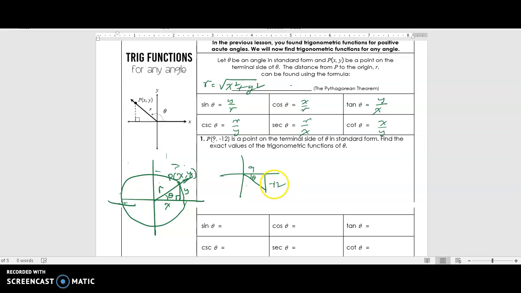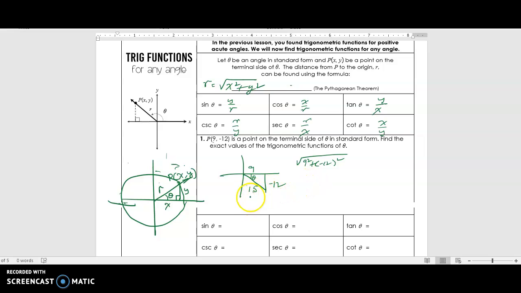Having said that, let's look at what the hypotenuse is. That would be 9 squared plus negative 12 squared, according to the Pythagorean theorem. I think I'm making a mistake here. No, okay. So this is 15, right?